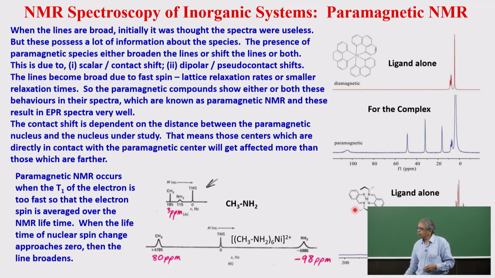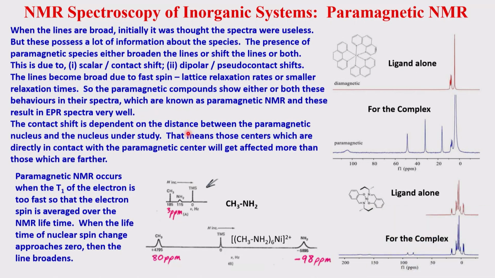So how will it happen? The paramagnetic species can interact with the spinning nucleus either by scalar or contact, through bond, or by dipolar, non-contact, in the space. So dipolar or pseudo contact, this kind of thing. So dipole interactions or spin interactions. One spin is coming from your unpaired electron, and that's also in the magnetic field.